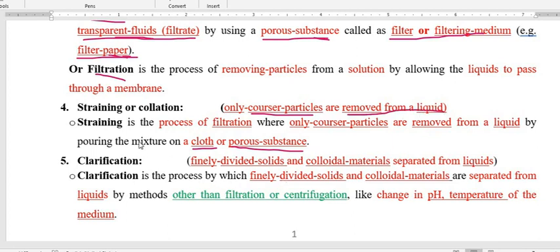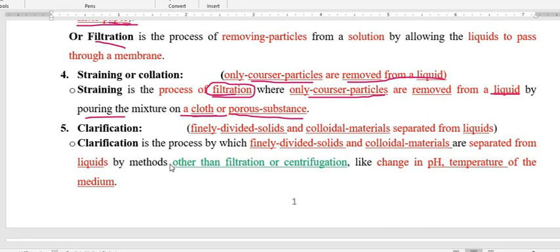This is the process where we use the porous substance or cloth to separate out the coarser particles from the liquid by pouring, and it is called straining. So this is about straining and colation.